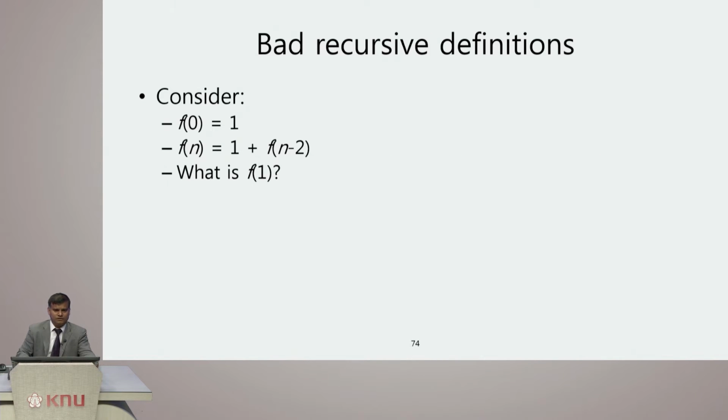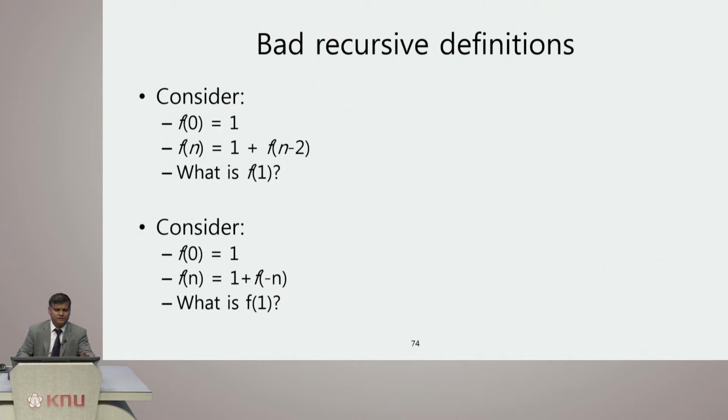So this is an example of a bad recursive definition. You can define f of 0 is 1, f of n is 1 plus f of n minus 2. In this case you would be worried: just try to find f of 1. It takes you to some negative value and then you get stuck with that. The same way, if you consider the second one, f of 0 equals 1, f of n equals 1 plus f of minus n, again it takes us to some negative values.